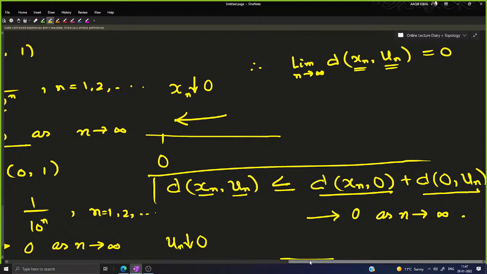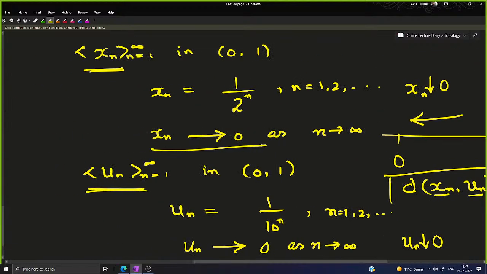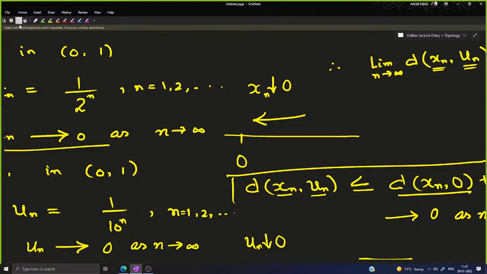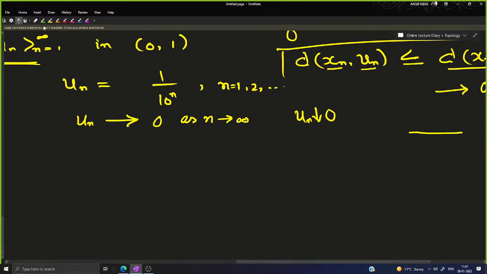ठीक? But अगर आप अब इनकी images को देखेंगे, अगर आप compute करेंगे distance, ये तो आपने पहले देखा, in the limit, distance between xn and un is 0.